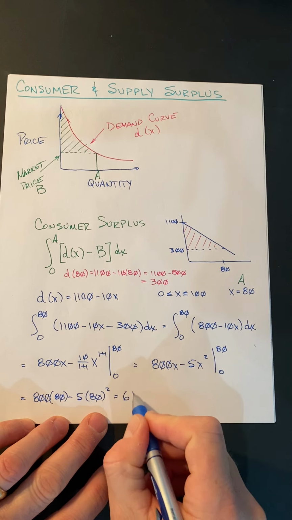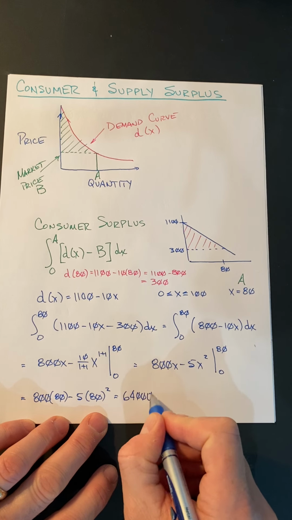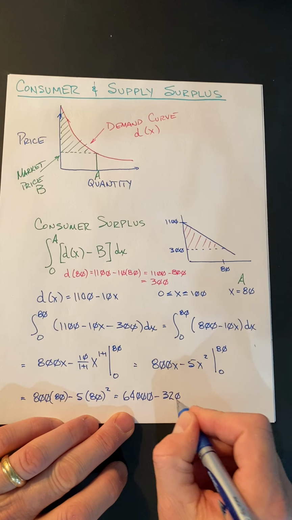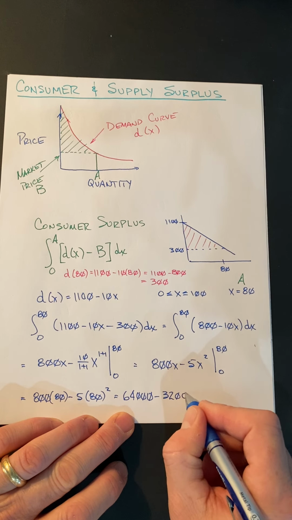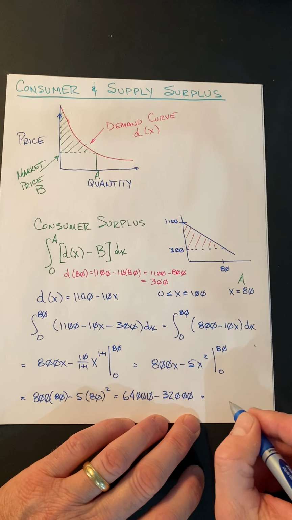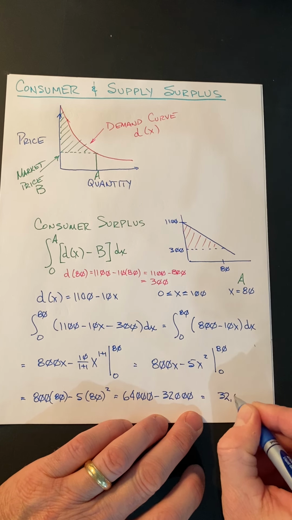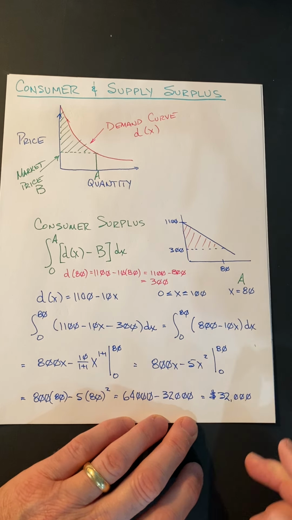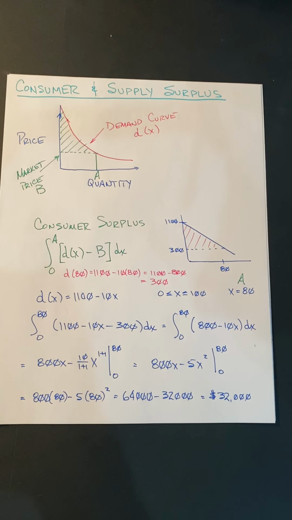So I'm going to have 64,000 minus 32,000, right? Or a final answer of $32,000, right? So that is a measure of the consumer surplus for this particular example.